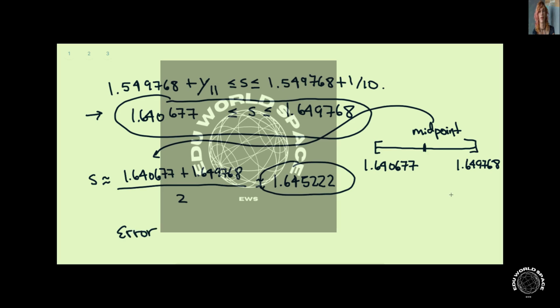There's a few ways to do this. So this is our approximation for S. And since it's in the middle, the error is just half the length of the interval. Similarly, you can do this half if you like, but because we chose the midpoint, these two halves have the same length.